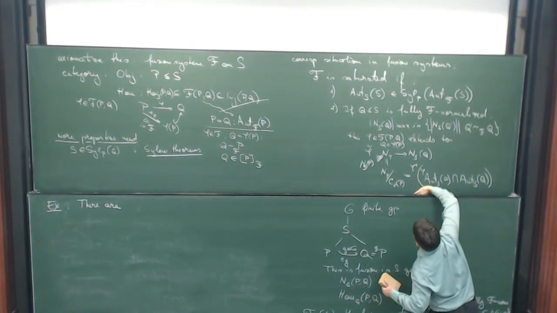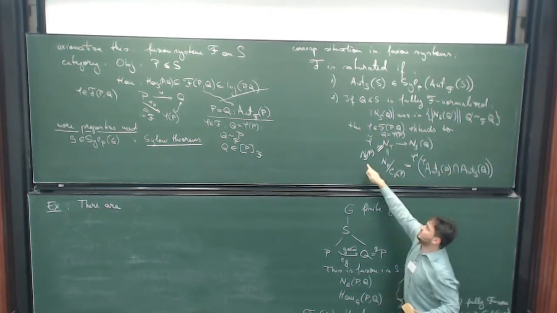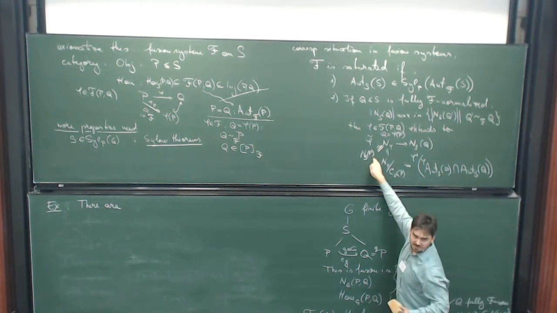So you start with the automorphisms induced by the normalizer of P, right?